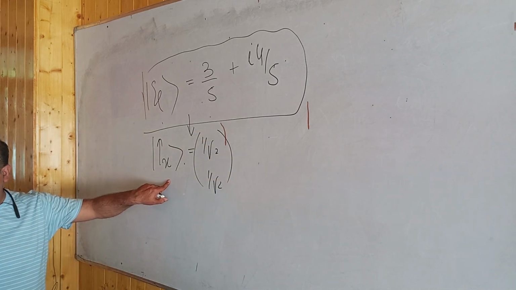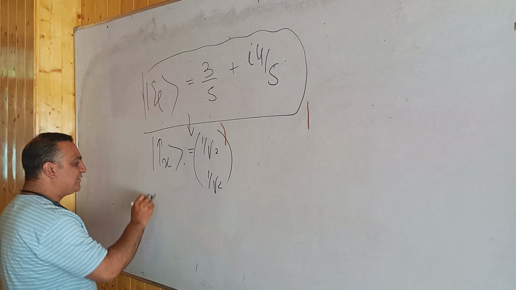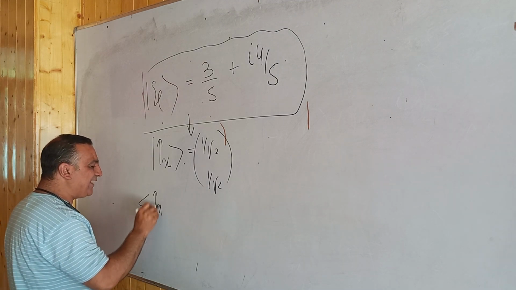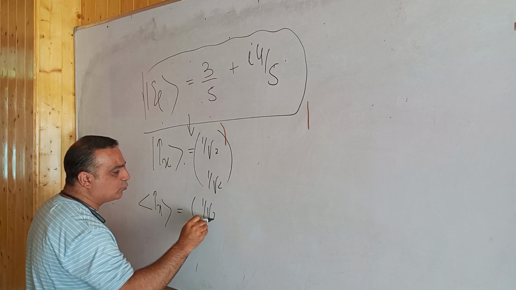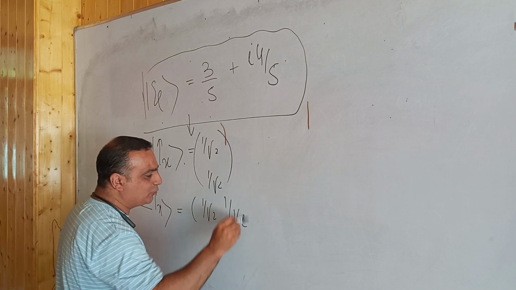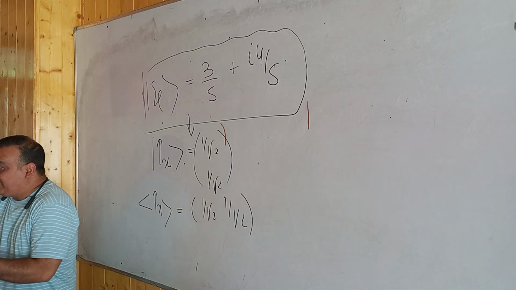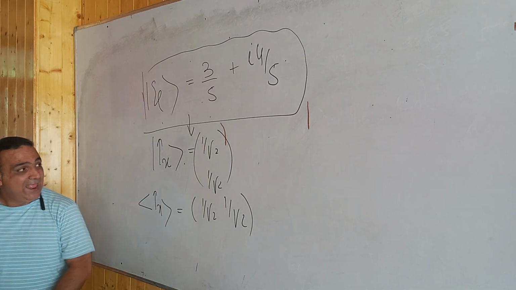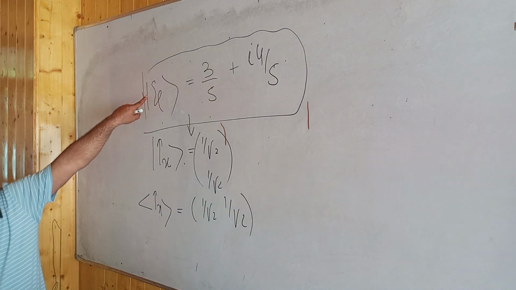Now, if I change this ket into the bra, what will it become? The bra of spin up x is the row of 1 by root 2 and 1 by root 2. Is this clear? Now, I want to calculate the interaction. I want to calculate the bra of this spin up and the ket of this zeta.